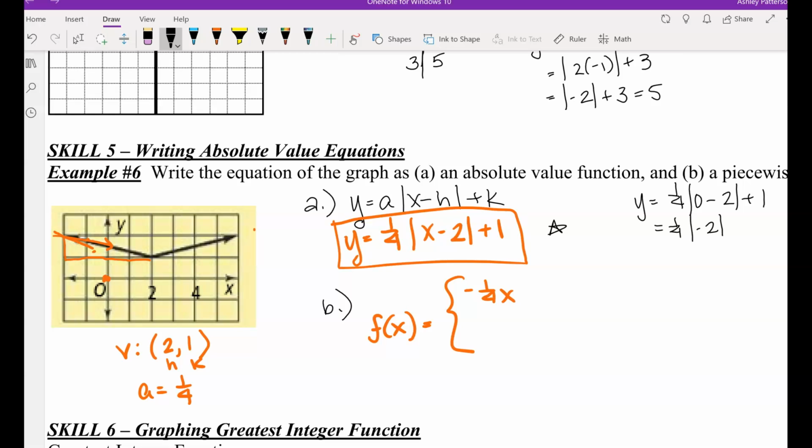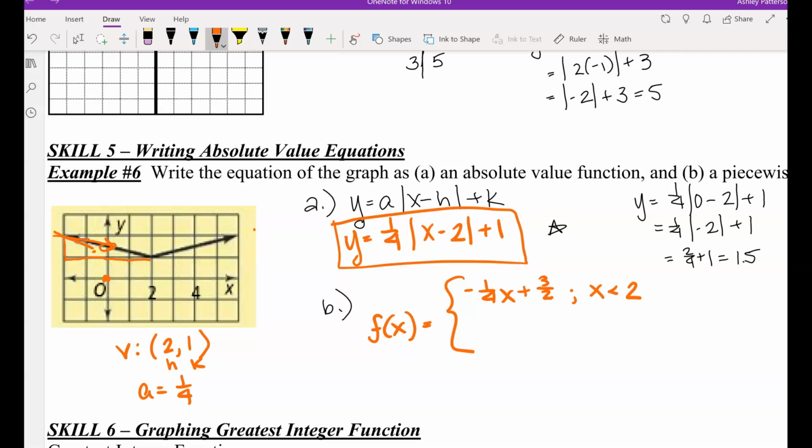We get negative 2, but it's inside the absolute value, so we get 2/4 or 1/2. That leaves us with 1.5. Does that look like it matches? It goes up 1.5. Yep. All right, so negative 1/4 x plus 3/2, or 1.5, and this is for x being less than 2.